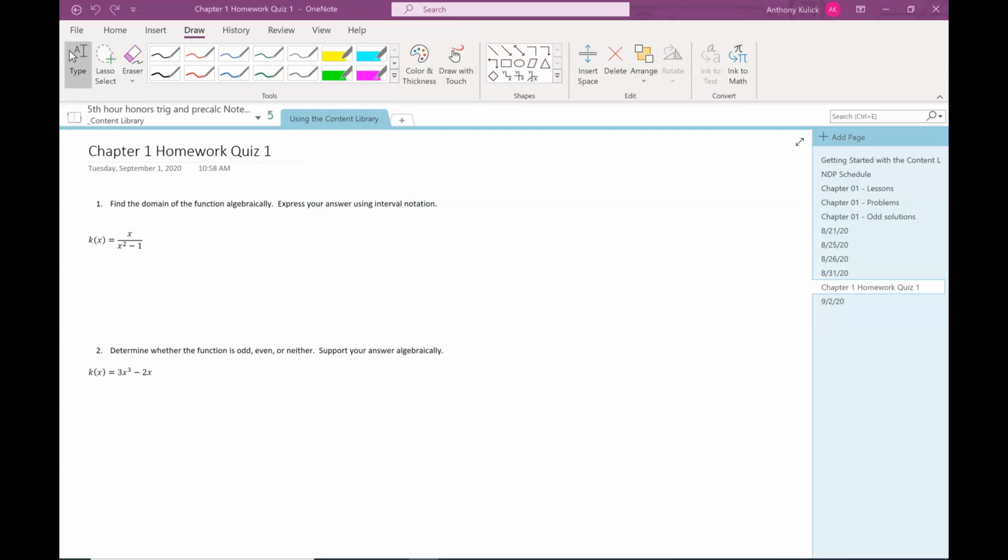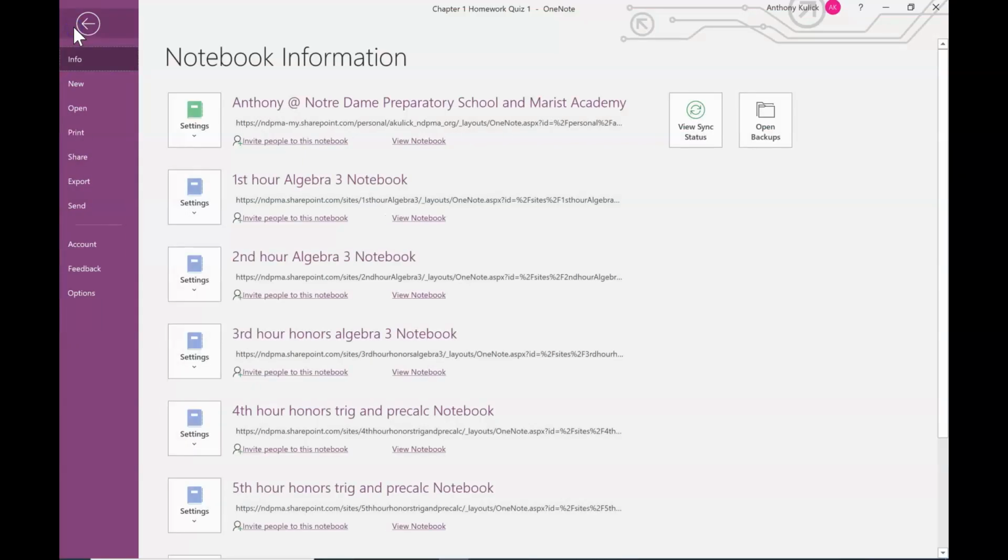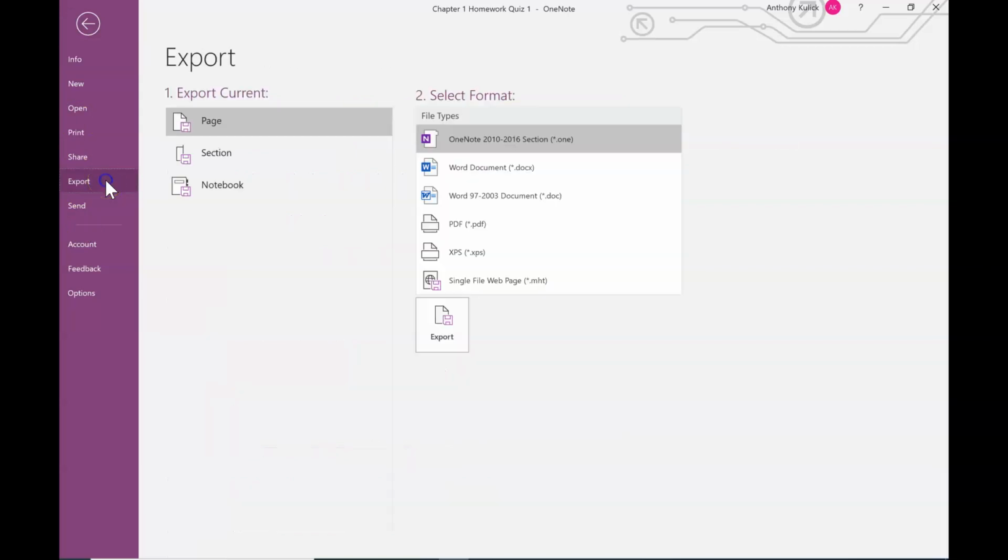The way you do that is you go to the file up here in the upper left-hand corner. So go ahead and click that file tab. On the left side of the screen, you see the word export. Go ahead and click that. The file format you're going to use is a PDF.